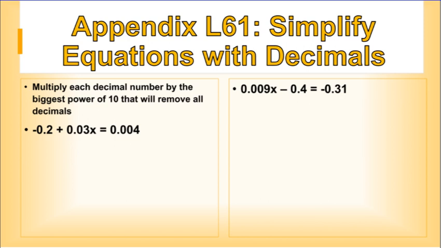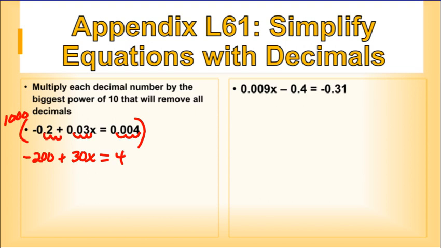So if I multiplied all of these by 1,000, so 1,000 times negative 0.2, I would have to move this 3 places, 1, 2, 3. So this would be a negative 200 plus 1, 2, 3. This would be plus 30x equals 1, 2, 3, 4.